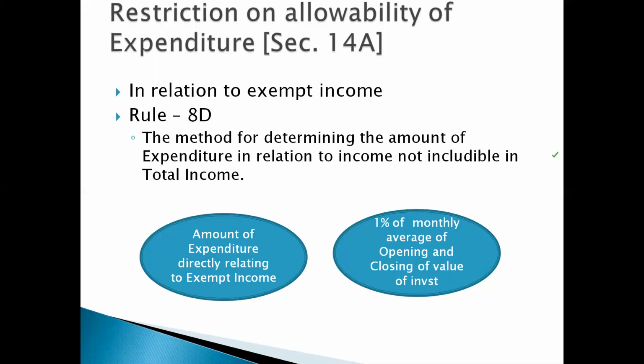So if the entire income from the investment is exempt, then the entire expenditure against this will be disallowed. Whereas if there is an investment and any income from that is partially taxable and partially exempt, then this should fall under the second category: 1% annual rate on the monthly average of opening and closing. The rule is that you have to take the aggregate of this, but it cannot be more than the expenditure itself.